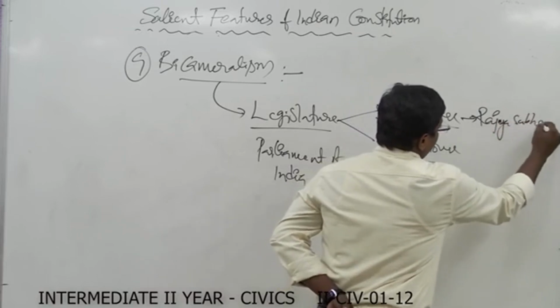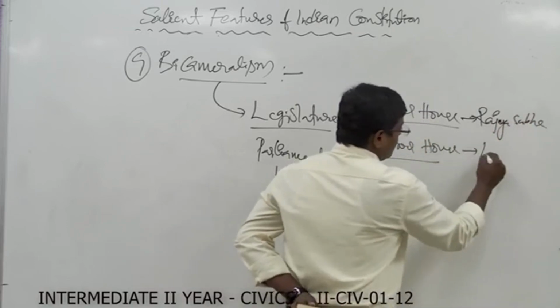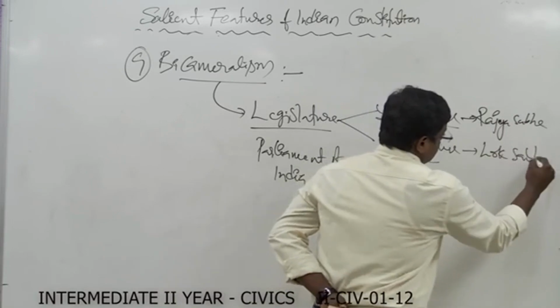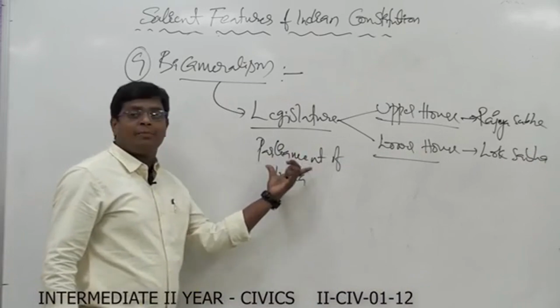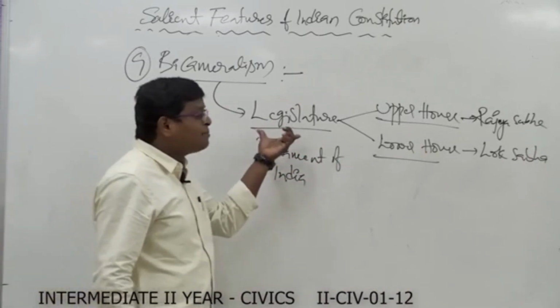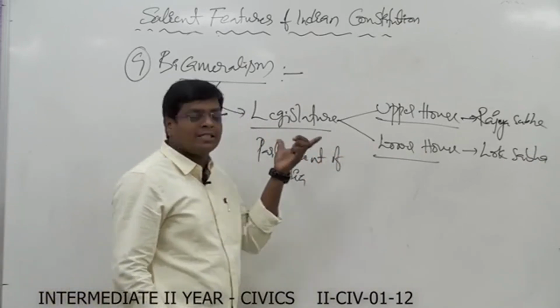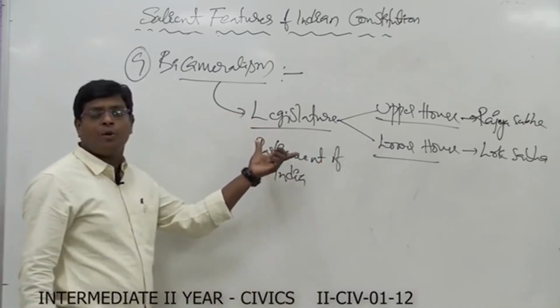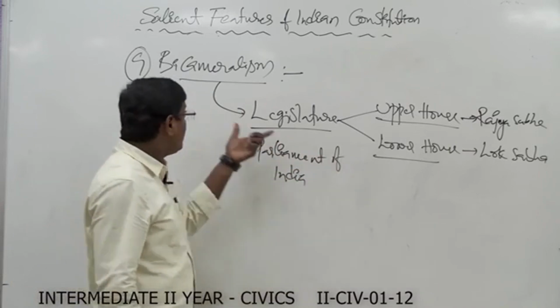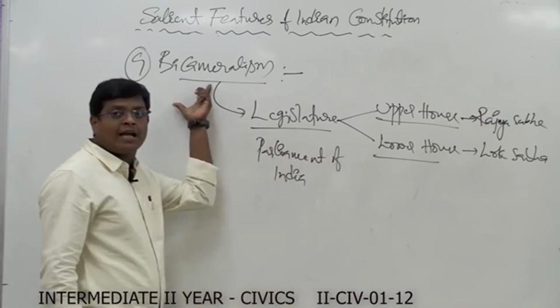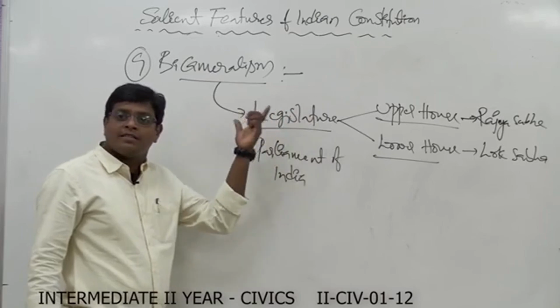The lower house is called Lok Sabha. Understood? In our Indian parliamentary system, we adopted the bicameral system, which was inspired by the British model, at the same time the USA model.